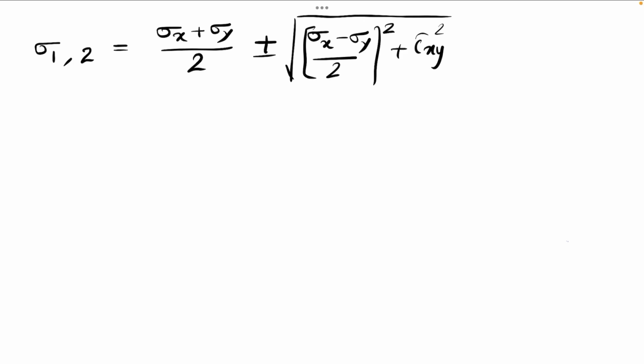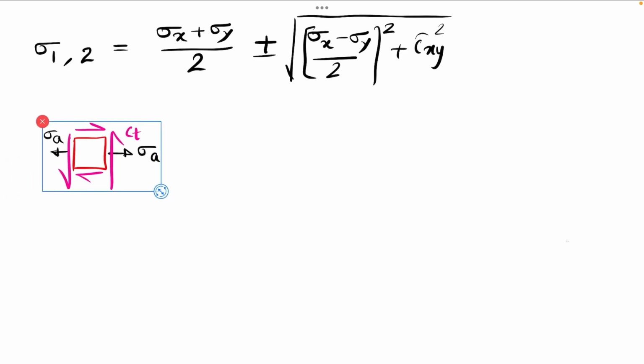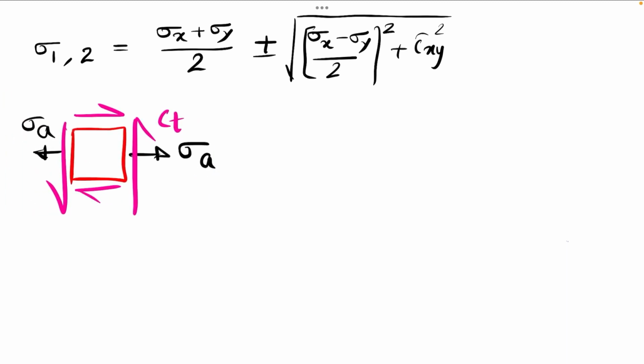This is for the general state of stress, but we have the state of stress for our problem like this. Here we have the stress component sigma x to be substituted in the above equation.